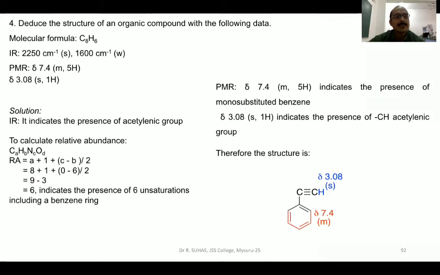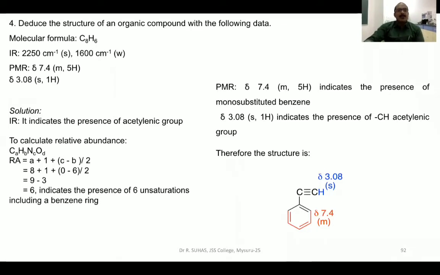Then the PMR tells that there are only two types of protons. One is 7.4 multiplet 5H. This is the characteristic feature of monosubstituted benzene. 3.0 singlet 1H. We will see what it is. So IR 2250 indicates the presence of the acetylenic group.